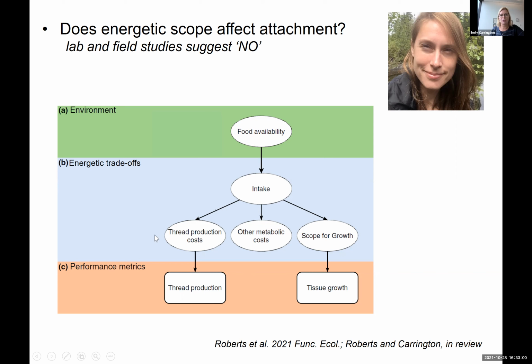I'm not going to show you all of that data, but what I can say is that there's not much evidence for energetic scope limiting byssal thread attachment. It seems that byssal thread production is a constitutive process, and that the mussels will do that independent of the amount of food that they're being given.